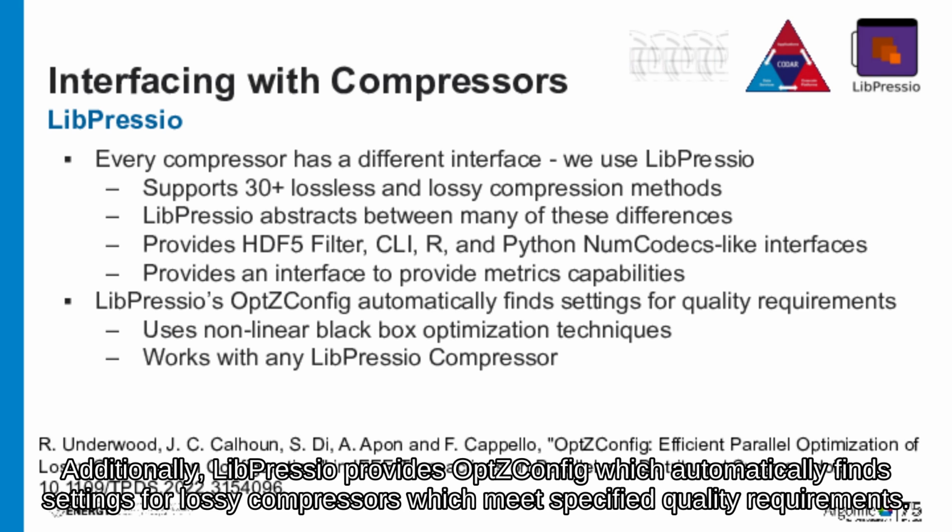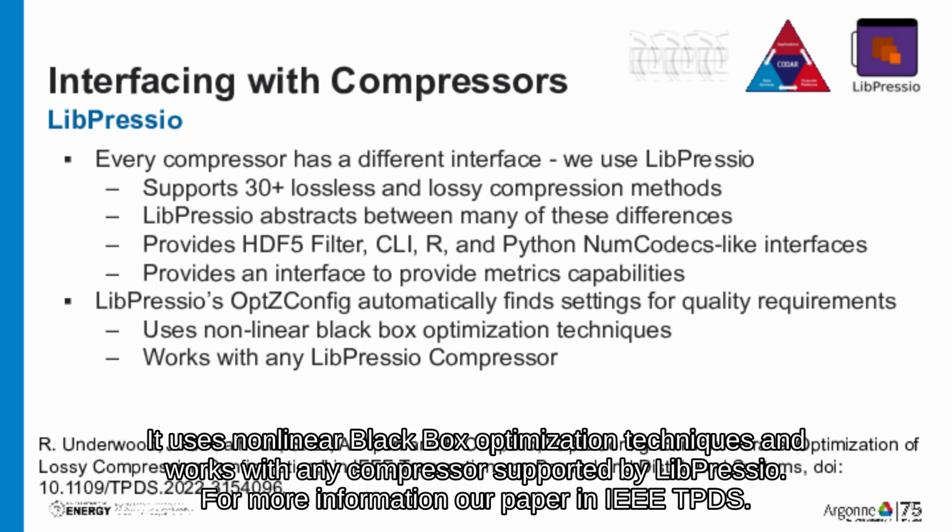Additionally, LibPressio provides OptZConfig, which automatically finds settings for lossy compressors which meet specified quality settings. It uses black box nonlinear optimization techniques and works well with any compressor supported by LibPressio. For more information, see our paper in TPDS.